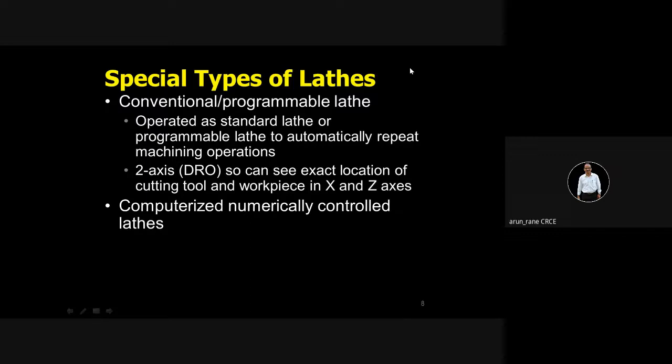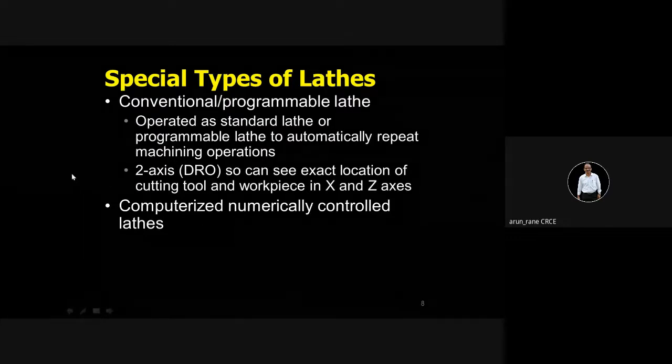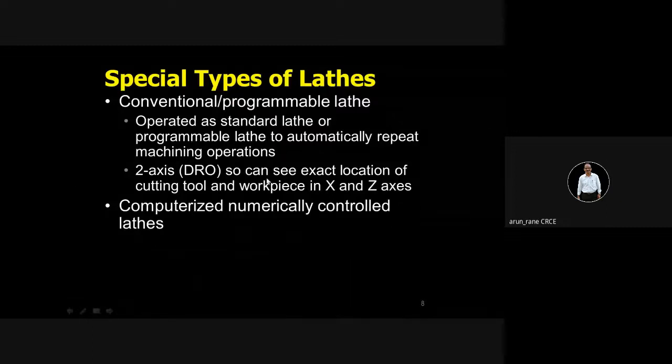What our coordinate system says is that this axis is Y and this axis is X. But in case of a CNC lathe or DRO type of lathe, the x-axis that we see in the Cartesian coordinate system is actually the z-axis, and the y-axis is the x-axis. That is the basic difference. Or to be precise, the axis which is parallel to the spindle is called the z-axis.